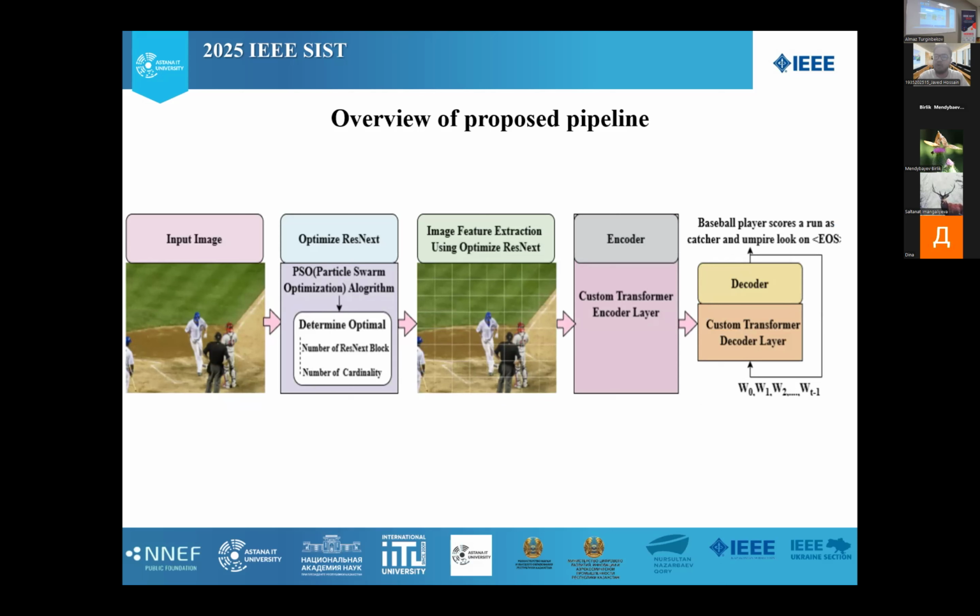To find the optimal ResNeXt block and cardinality, I applied PSO, the particle swarm optimization algorithm. This algorithm helped me find the optimal value of ResNeXt block and cardinality. This is the feature extraction, and this is the encoder. Finally, I create a sequence of caption.